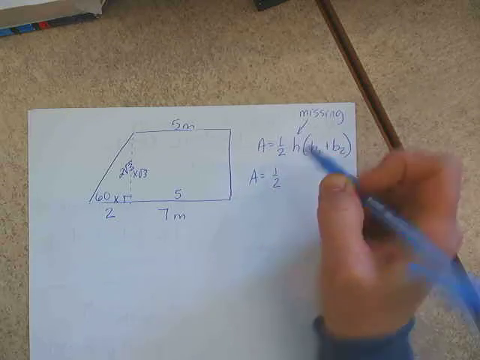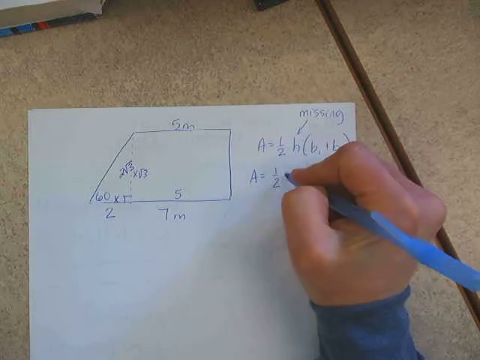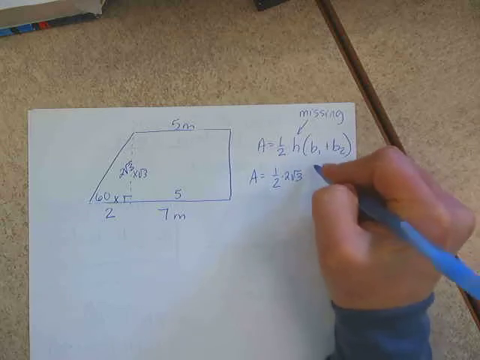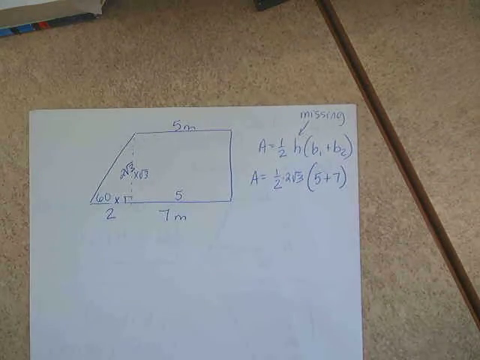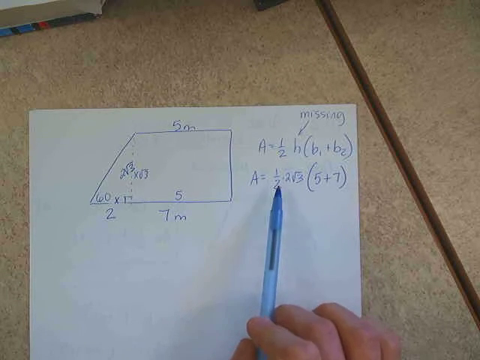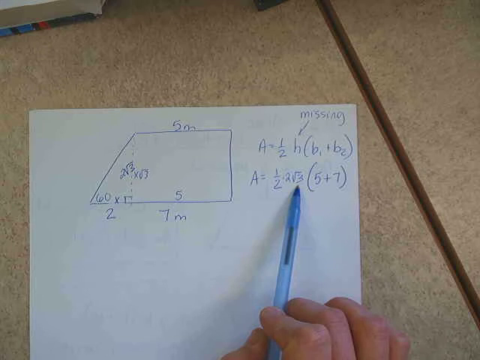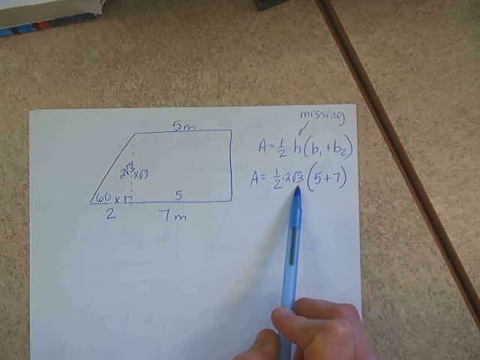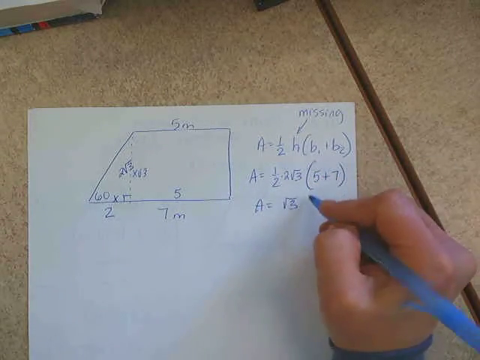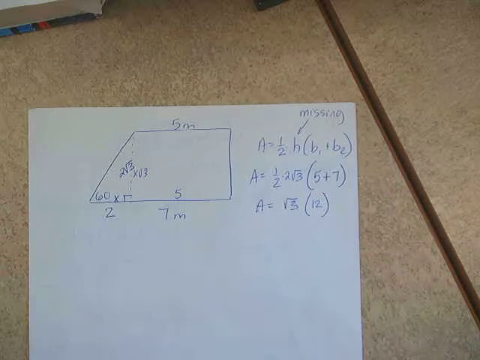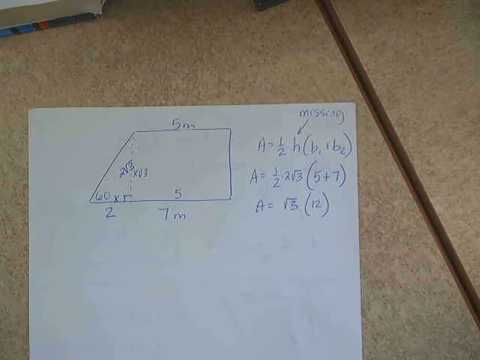You're going to be able to leave this in radical form. I believe that's what they want you to do. So let's go back up to our formula. We have 1/2 times the height, which is 2 radical 3, times the sum of the bases, so 5 plus 7. This is a nice easy one because half of 2 radical 3 is just radical 3, or 1 radical 3, but we don't need the 1.